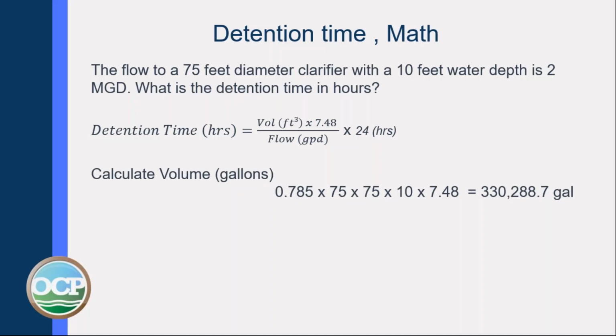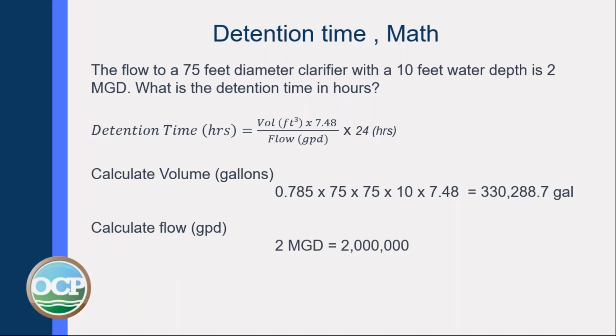You need it in gallons, so you must multiply by 7.48, which makes the volume that tank will hold 330,288.7 gallons.